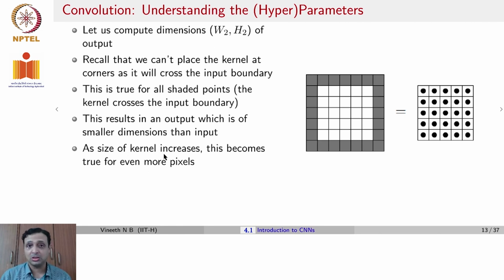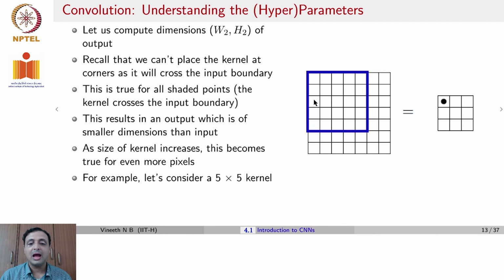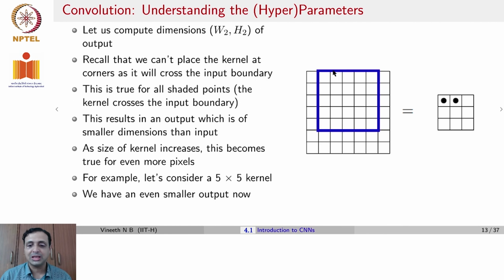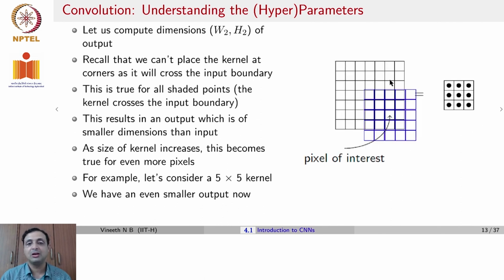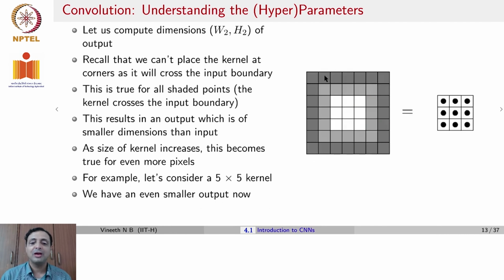As the size of the filter or the kernel increases, you can make out that even more pixels along the boundary are going to get affected. For example, if you take a 5x5 kernel now, and as you slide this 5x5 kernel across, you're going to get an even smaller output, because more border pixels are going to get affected, since you won't be able to convolve with those pixels that go outside the boundary. So you would have an entire region outside the boundary for which you will not be able to compute convolution.